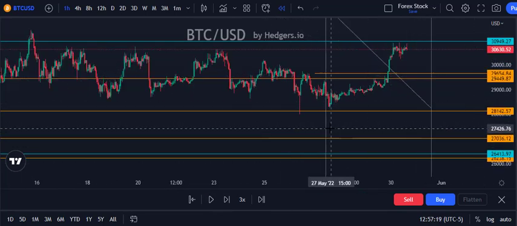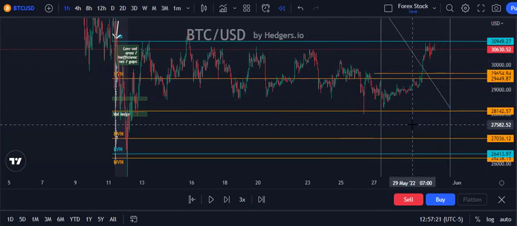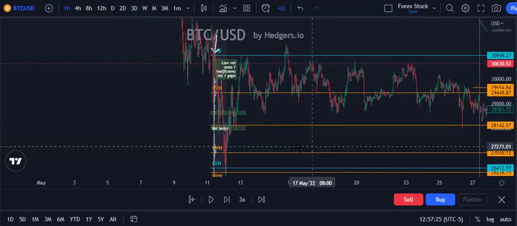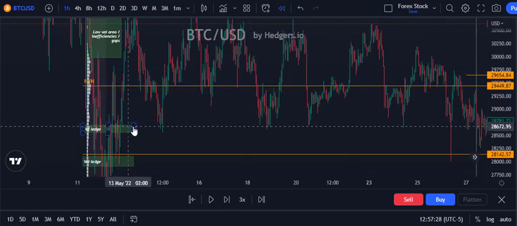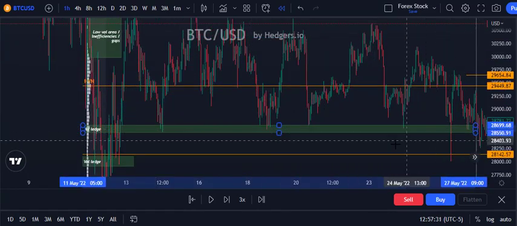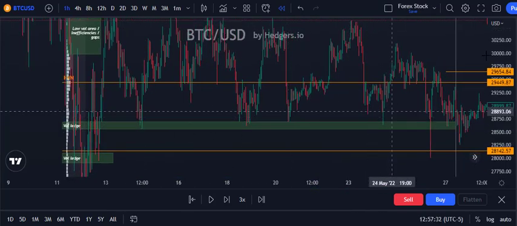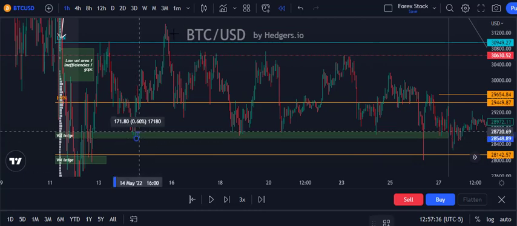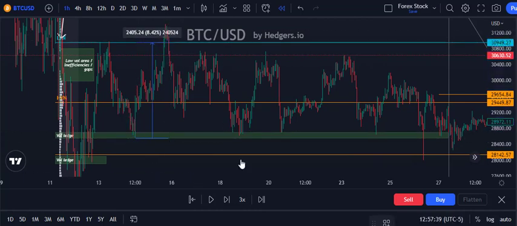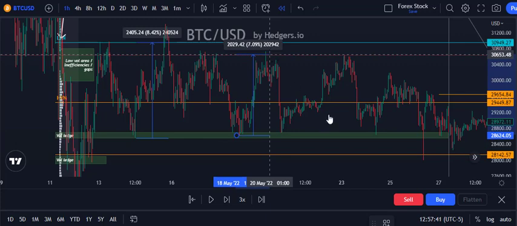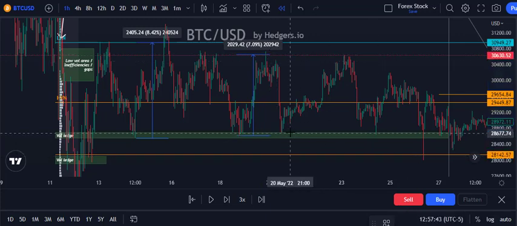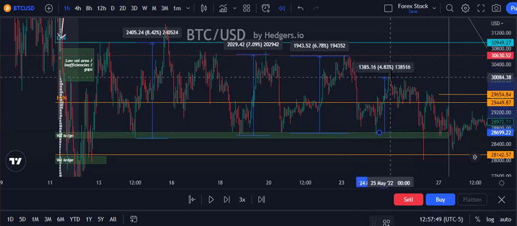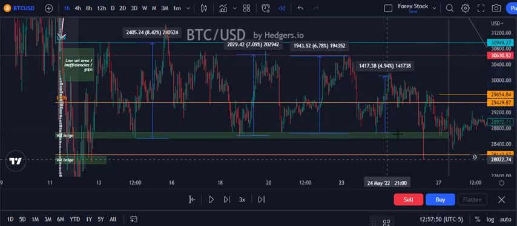This is the second volume technique I'm going to give you an example on. So now you see here precisely how this has been respected. 1, 2, 3, 4. It gives you probably the best trades ever. 8% trade, 7% trade, 6%, 6.78, 4 to 5%.